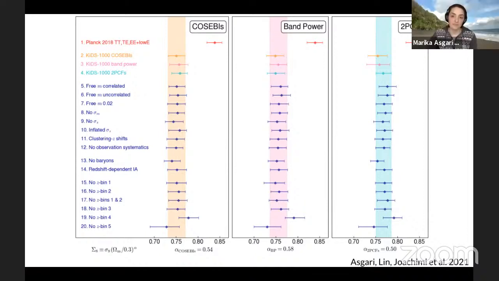KiDS is great, but if I imagine something like LSST, I could also imagine that these cases 1 to 20 could look very, very different. Yeah, that's true, definitely, because they have to worry about percent level errors, but we don't really have to. Yes, thank you.